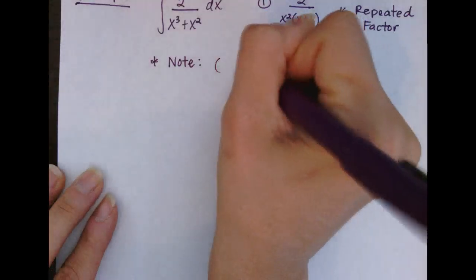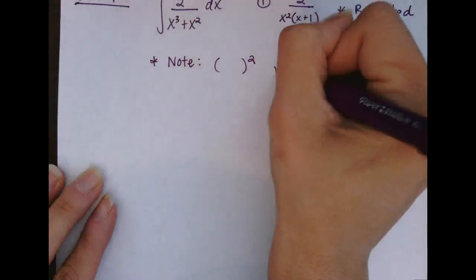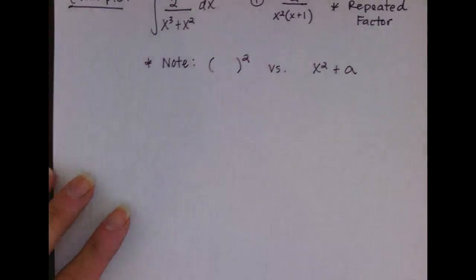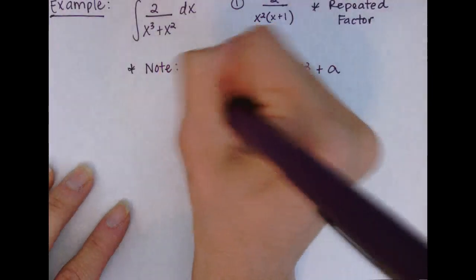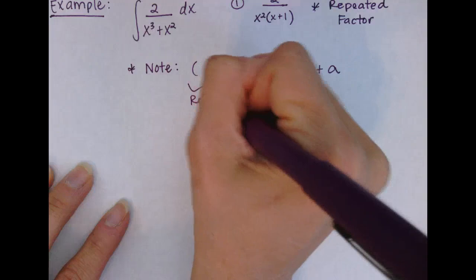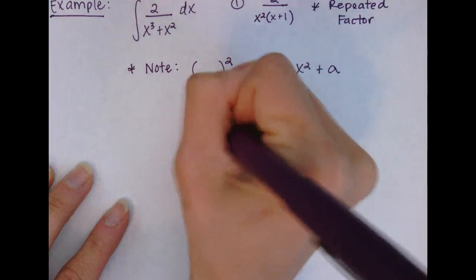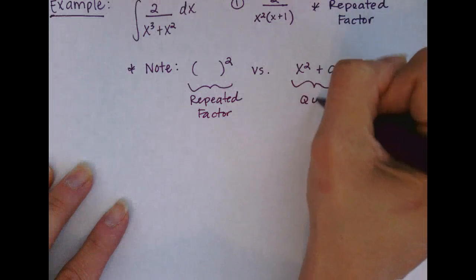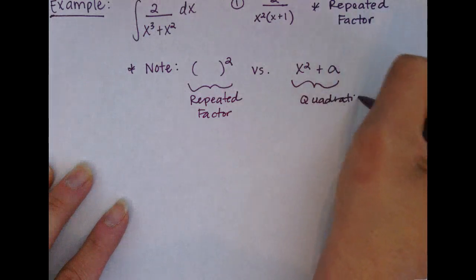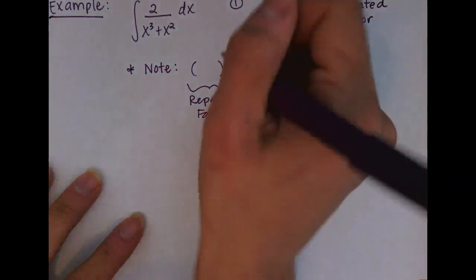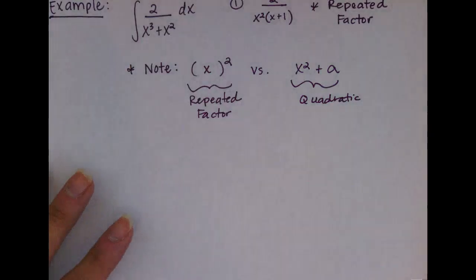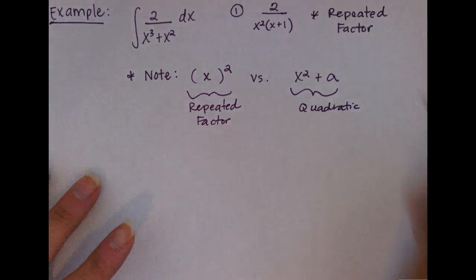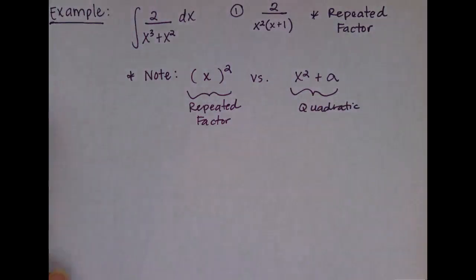So the difference is this versus this. So this right here is a repeated linear factor, and this is a quadratic factor. So in this case, the x is being squared, and so it is a repeated factor.